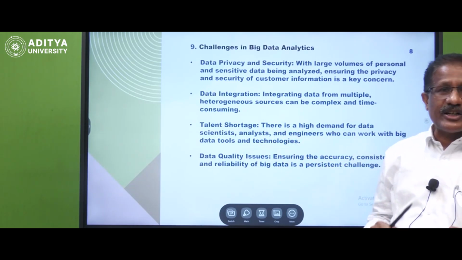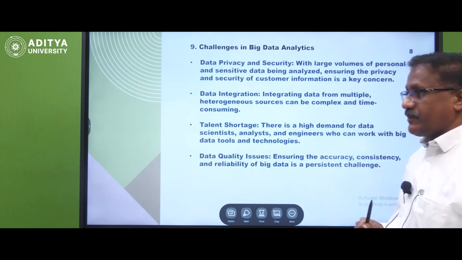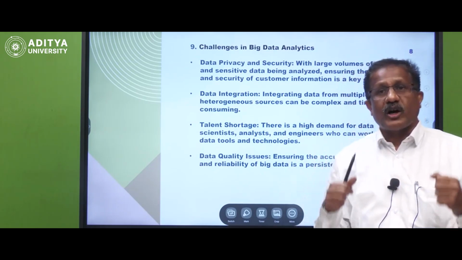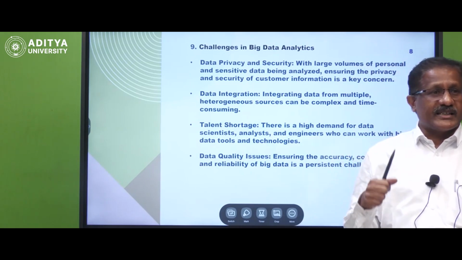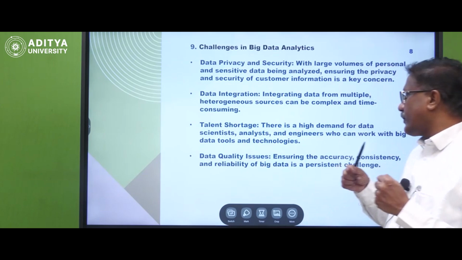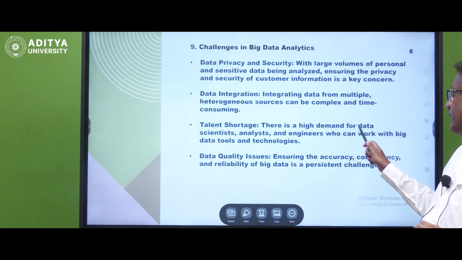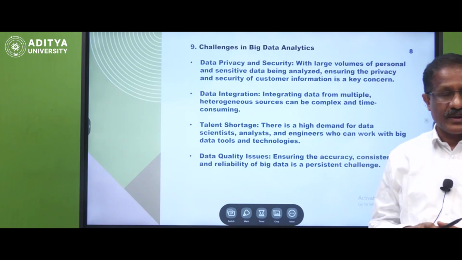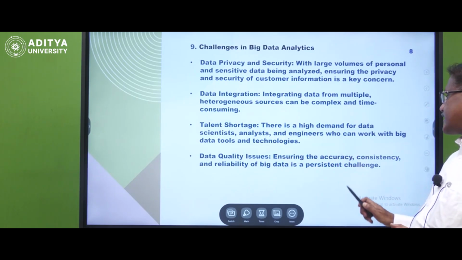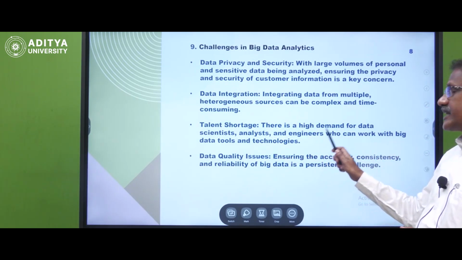Talent shortage is nothing but, for example, software engineers like you people have to update your knowledge and skill set to face the challenges in the present job market. There is huge demand for data scientists, data analysts, and software engineers who can work with big data tools and technology.